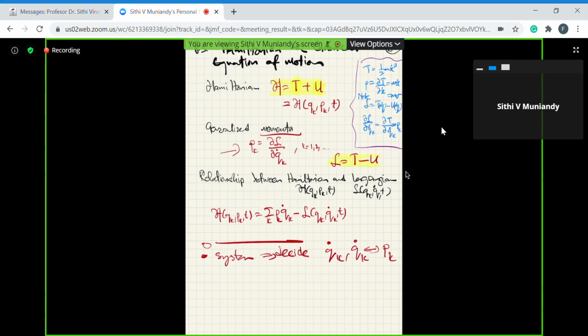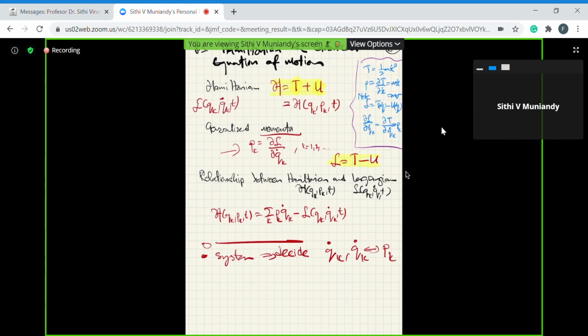So you can derive in principle the Hamiltonian just by summing the kinetic energy and the potential energy. But there is one intermediate step. You notice that the Lagrangian depends on position, which is q_k, and then the velocity, which is q dot, and t, if there is t.